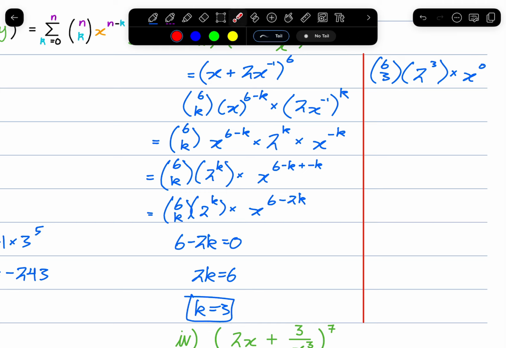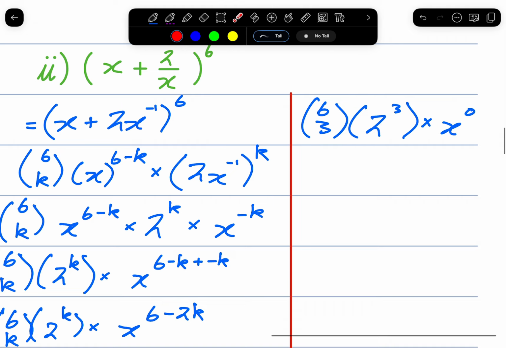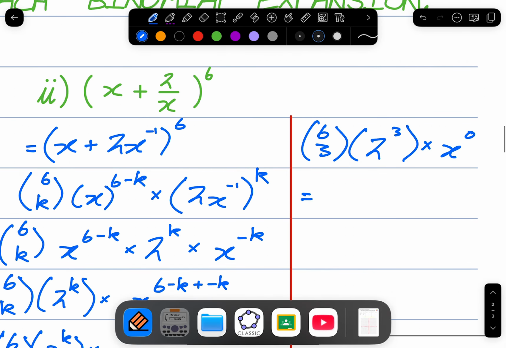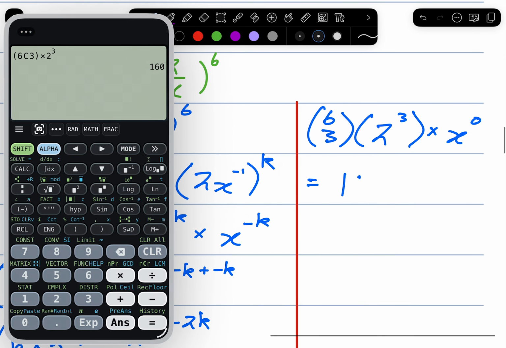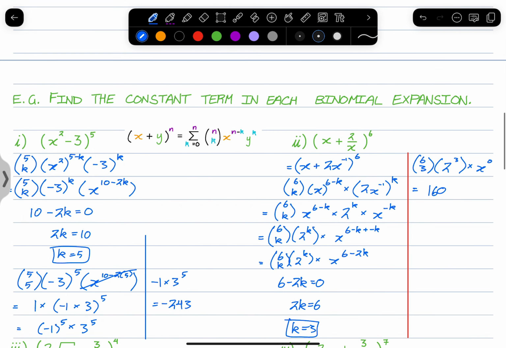Because remember, if we substitute 3 here, we get 6 minus 2 times 3, giving us 0. And so that is our constant term in non-expanded form. But if we were to calculate this as a number, we get 6 choose 3, times 2 to the power of 3, we get 160. And that is our constant term.